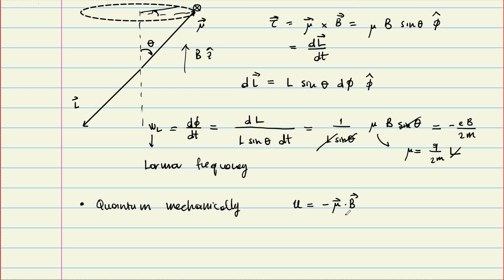And this one is E over 2m L, and L is a vector, B is a vector. Because of the dot product, B is along Z, this is going to be minus E over 2m, so this is B, and because of Lz, I'm going to write it like this, m times h bar.